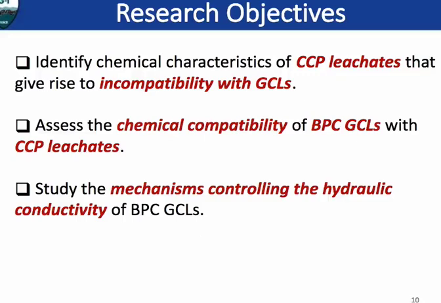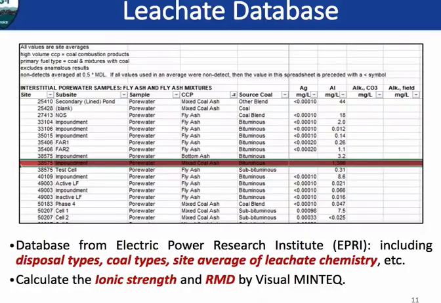To fulfill the 3 objectives, we conducted our research step by step. The first step is to understand the leachate chemistry of CCP leachates. So we used a database from EPRI that provided some information on the CCP leachates from their management facilities. These facilities include landfills or surface impoundments.